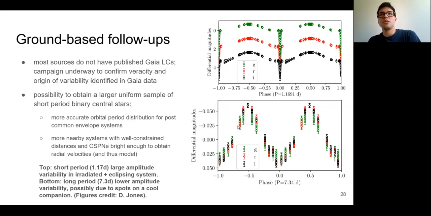The great thing about Gaia is that since we can identify variable objects in a fairly uniform way, we hope to obtain a much larger uniform sample of binary planetary nebula central stars, which then feeds into better population parameters for post-common envelope systems, and also makes it easier to find more nearby systems that we can follow up and model as individual objects.